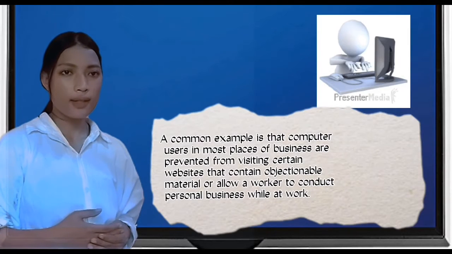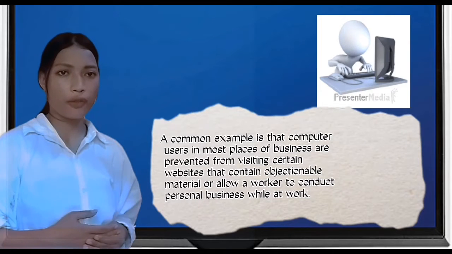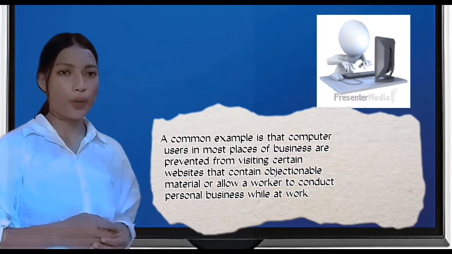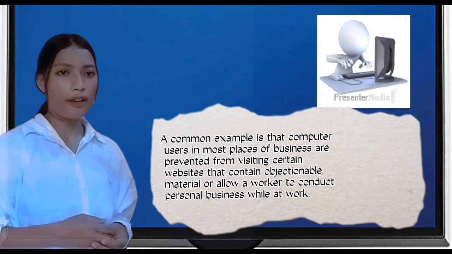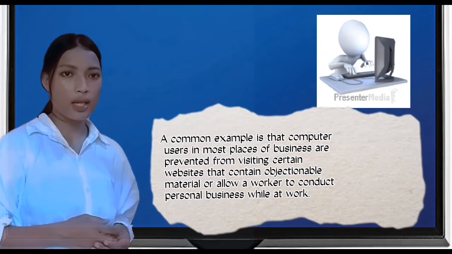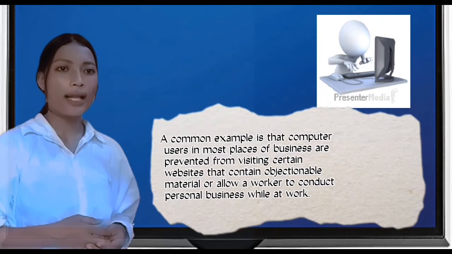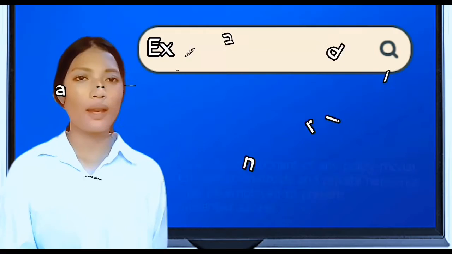In some cases, certain types of access are restricted for all employees. A common example is that computer users in most places of business are prevented from visiting certain websites that contain objectionable material or allow a worker to conduct personal business while at work.